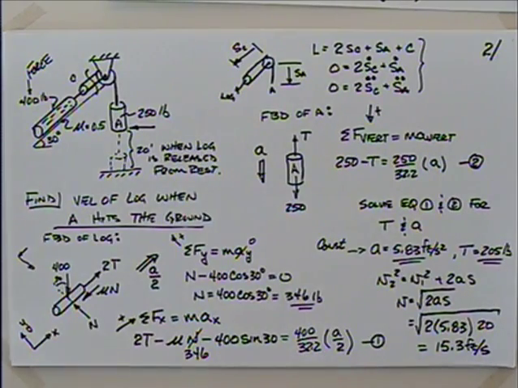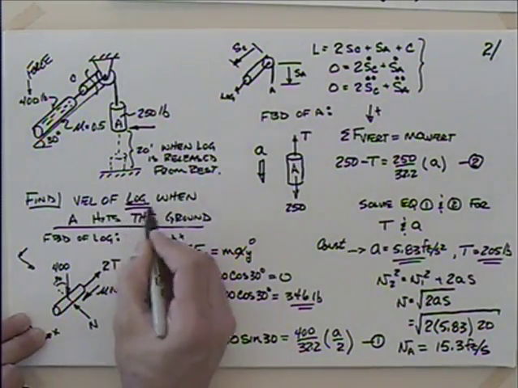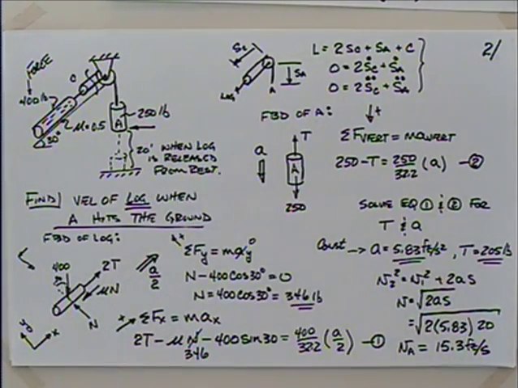Now that's the velocity of what? That's the velocity of the block. What are we looking for? The velocity of the log. So what's the answer? Half that. Yeah. So the velocity of the log is going to be equal to half of 15.3, about 7.5, 7.6, something like that.